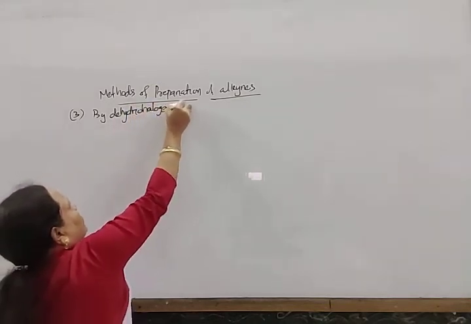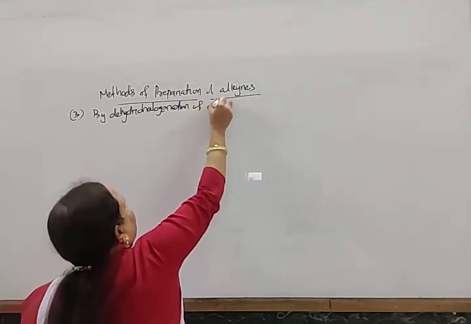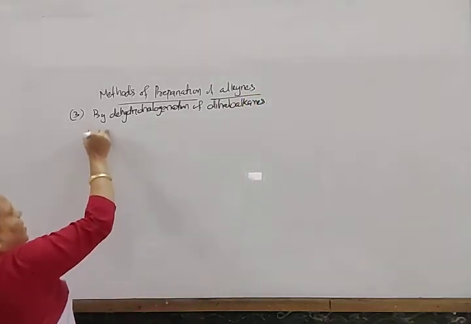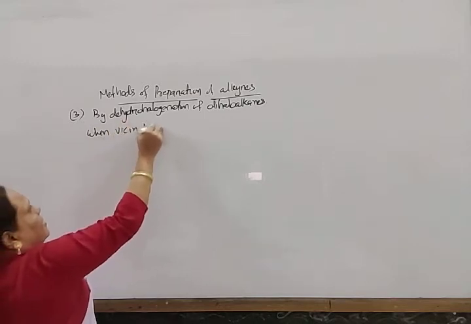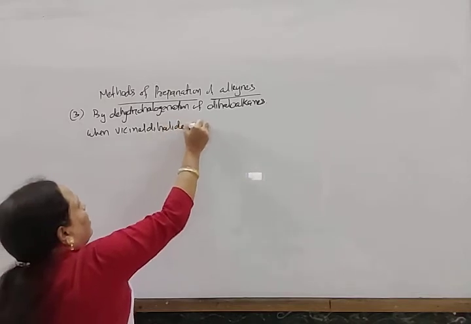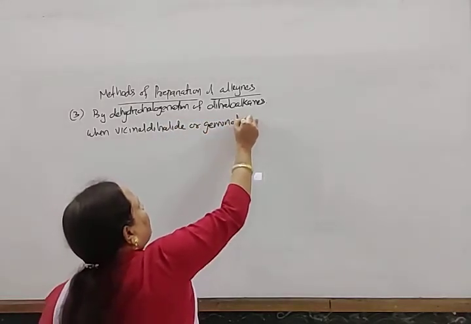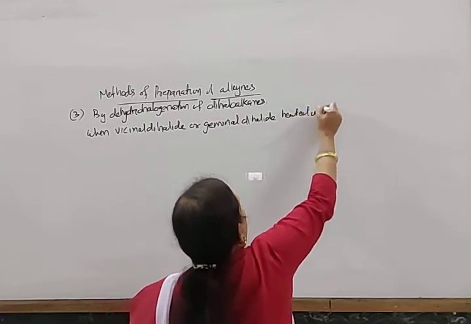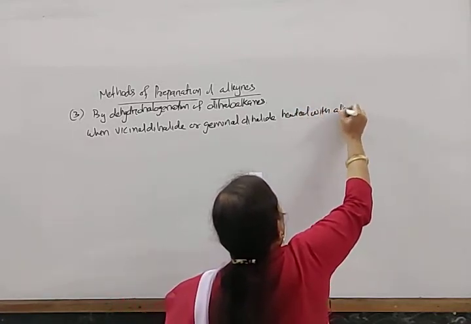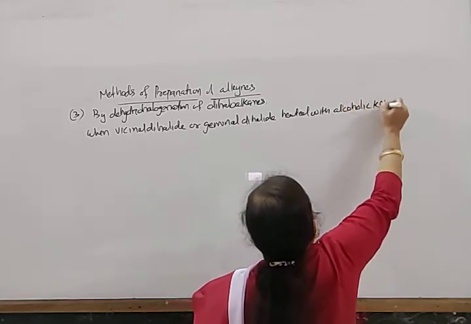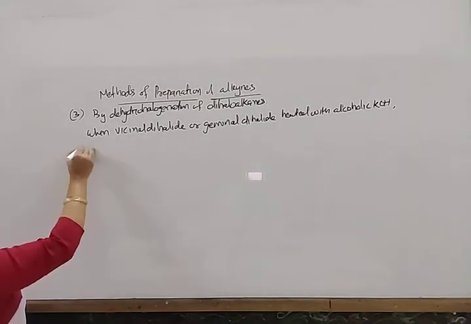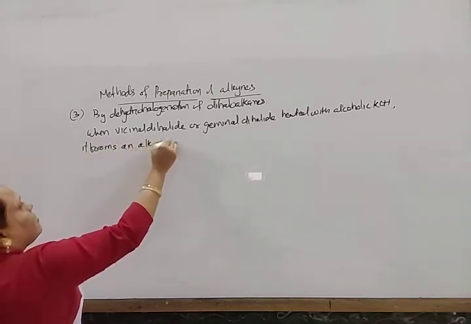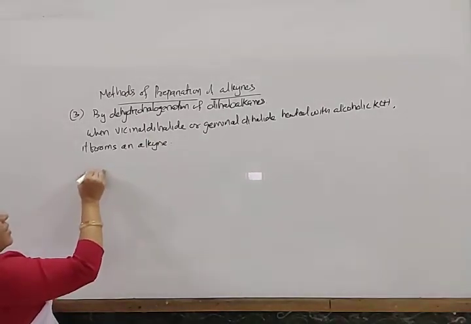So when a vicinal dihalide or geminal dihalide is heated with alcoholic potassium hydroxide, it forms an alkyne.